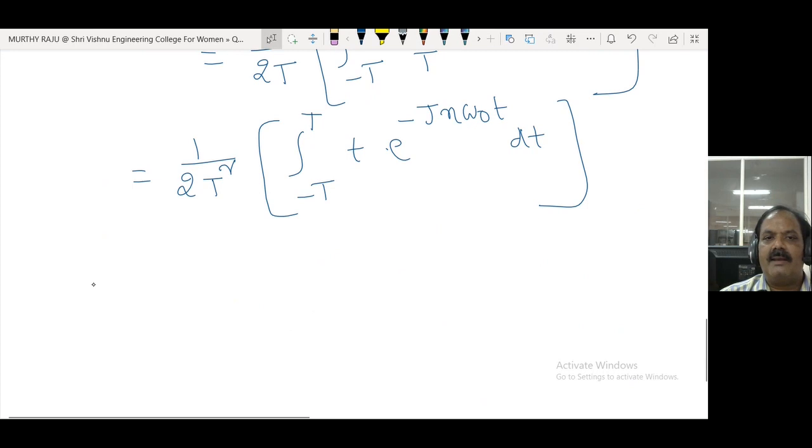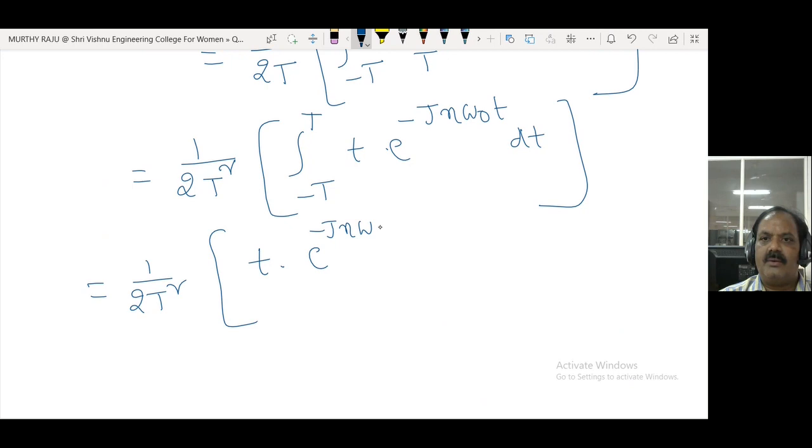Apply the UV formula. 1 by 2T square, first function t into the integral of the second function, e power minus j n omega naught t by minus j n omega naught, minus the differentiation of the first function, dt by dt, that is 1, into the double integral of this function.